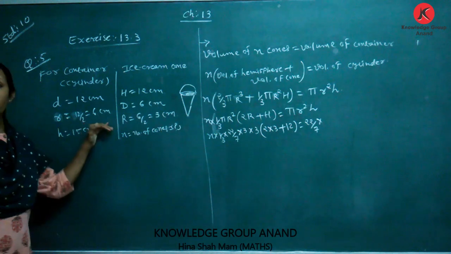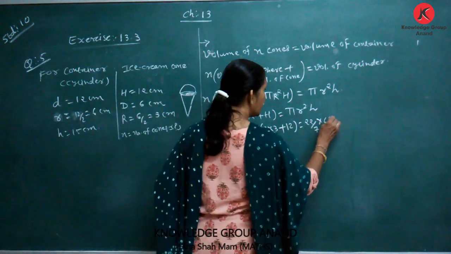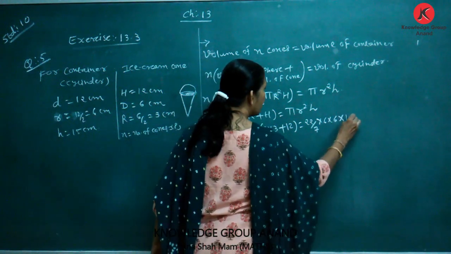What is the value of r square? 6 into 6, and h is equal to 50.